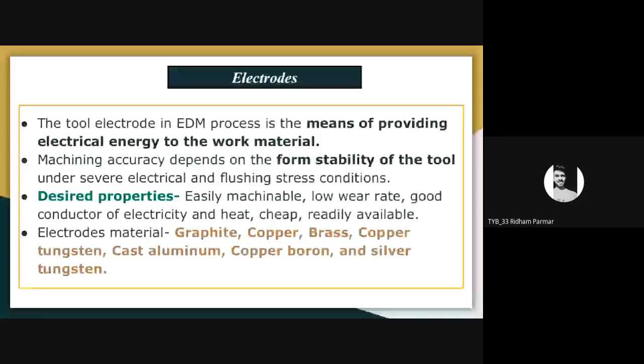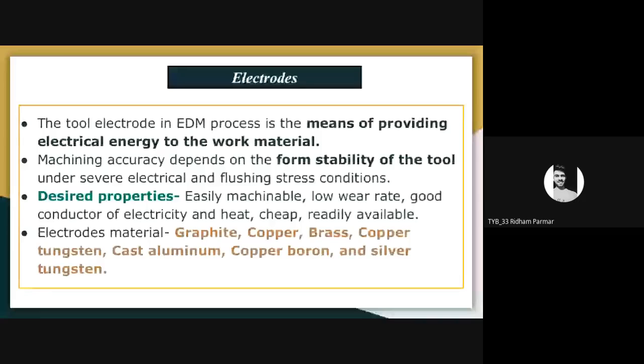Then we'll talk about copper and brass. Copper and brass are highly stable and have a relatively low wear rate. Then copper tungsten also has a low wear rate, but it is expensive, and it is not easy to give shape to the copper tungsten material.